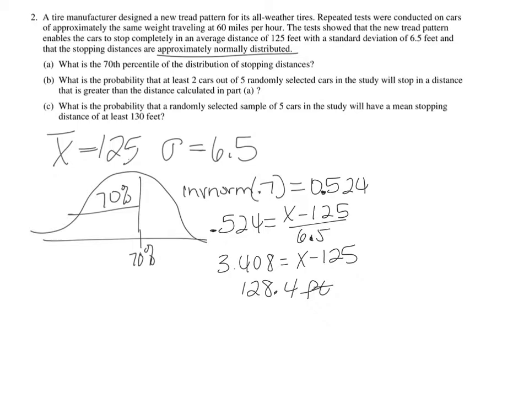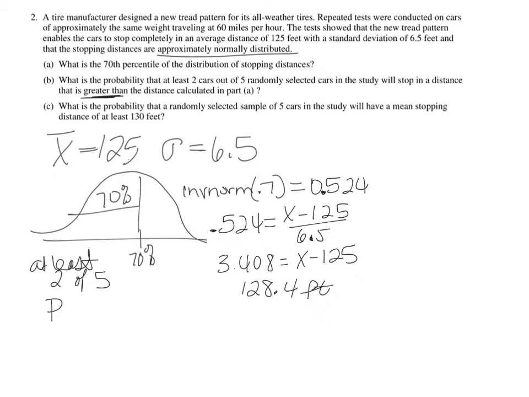B says, what is the probability that at least two out of 5 randomly selected cars in the study will stop in a distance that is greater than the distance calculated in part A? So what is the probability that we have at least 2 of 5 stop at this distance, greater than that distance?